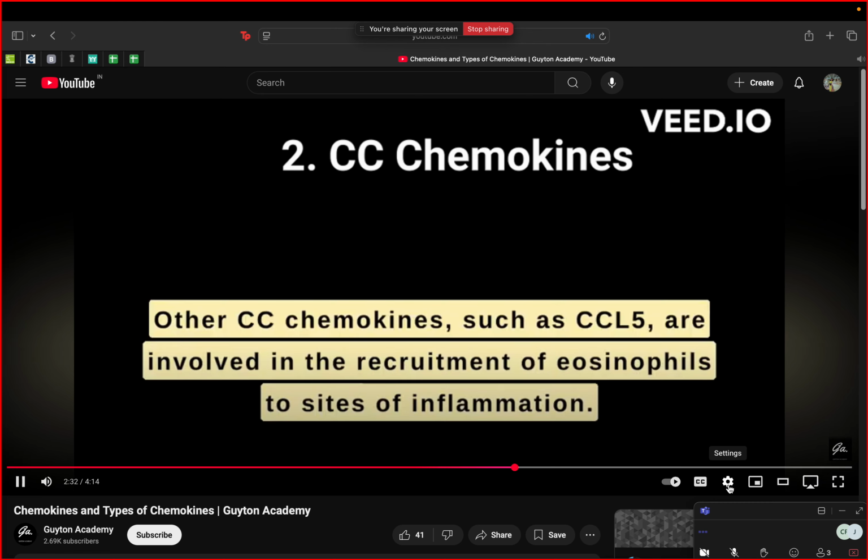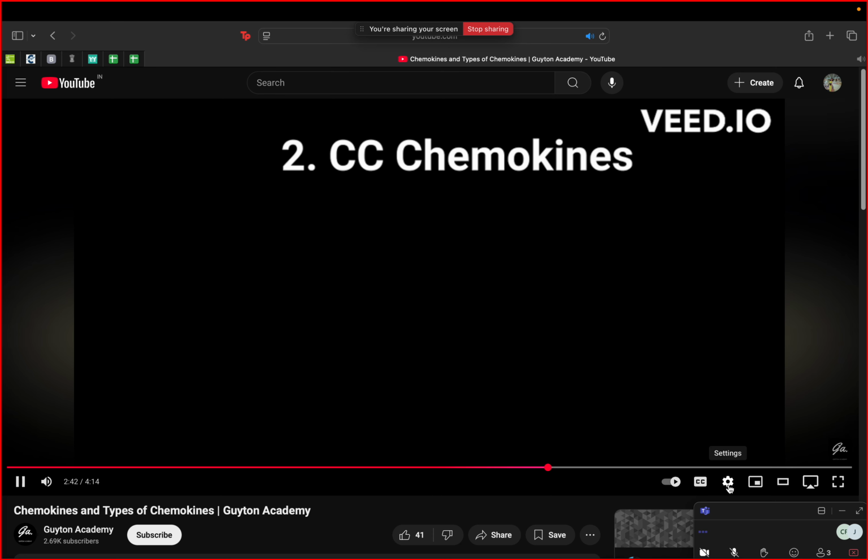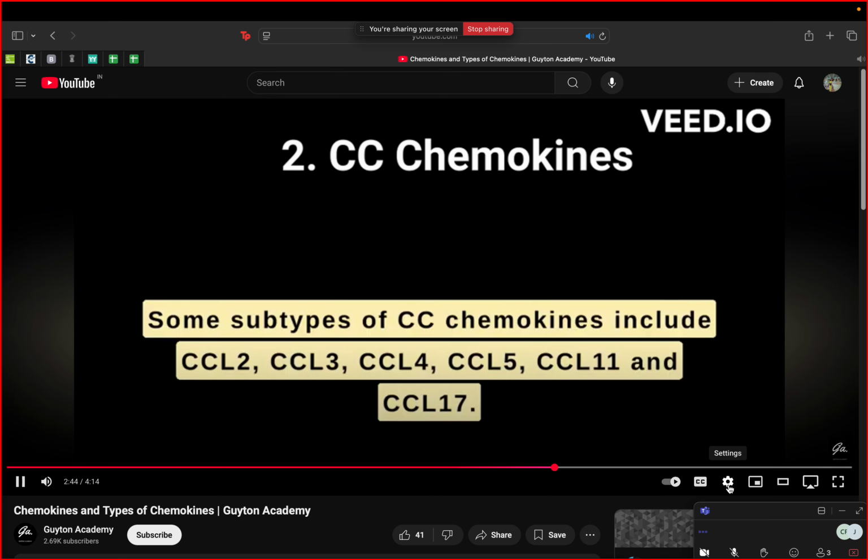Other CC chemokines, such as CCL5, are involved in the recruitment of eosinophils to sites of inflammation. Source: PMID 270966103. Some subtypes of CC chemokines include CCL2, CCL3, CCL4, CCL5, CCL11, and CCL17.